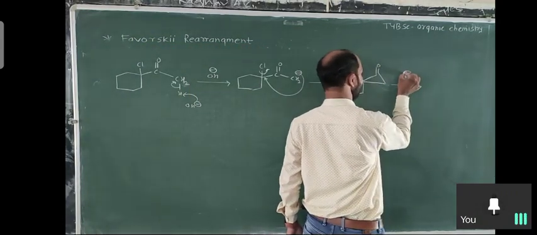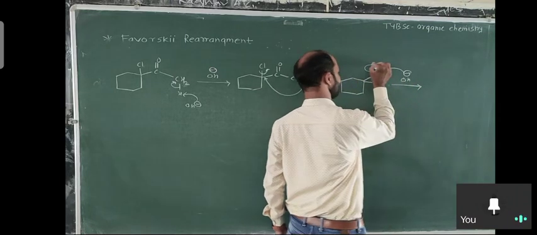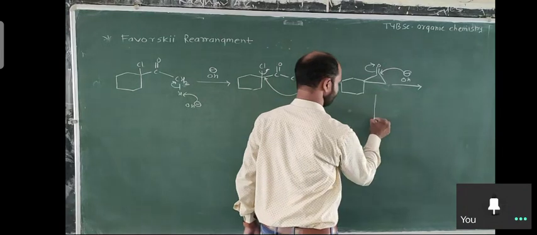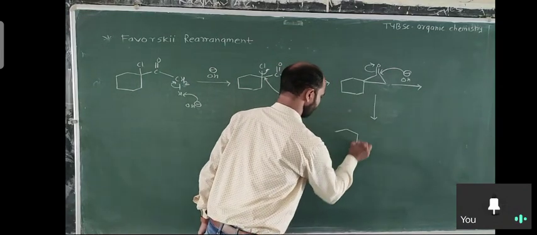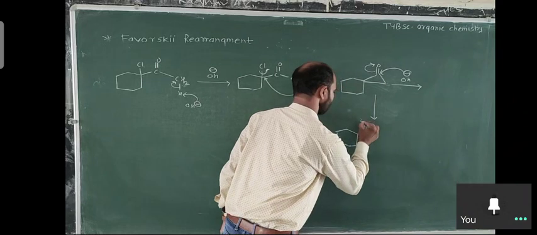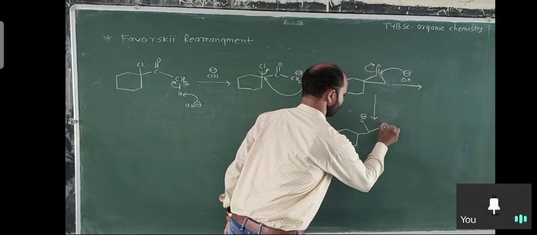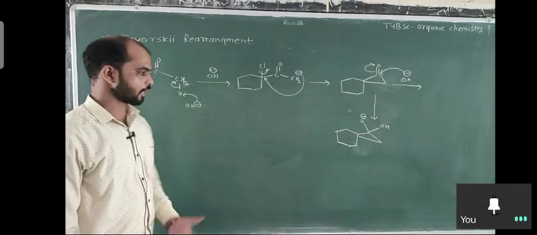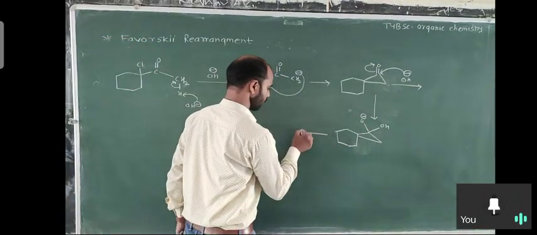Base is used, here hydroxide is used. So it will attack the carbonyl carbon. And then we get O negative, here is the OH. Okay. And in the last step, there is a ring opening.